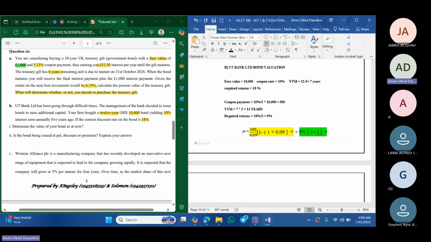The years is 14. Future value is 10,000.